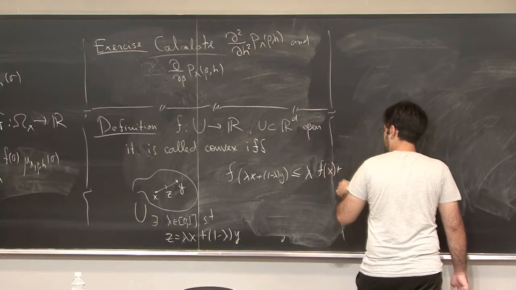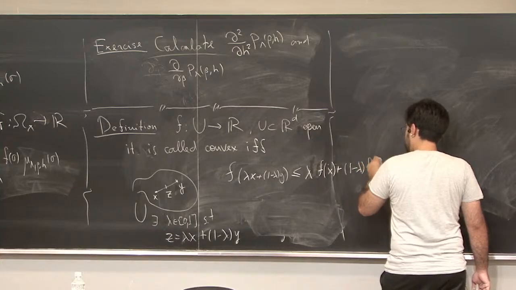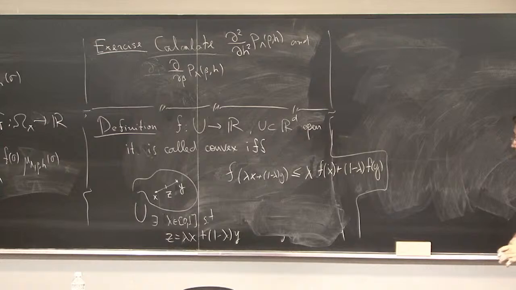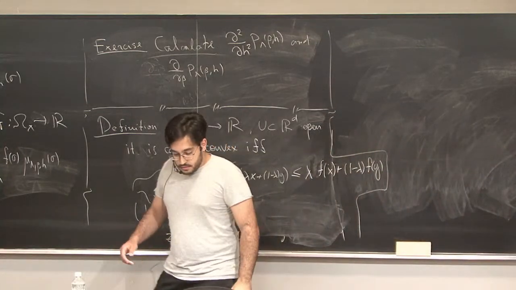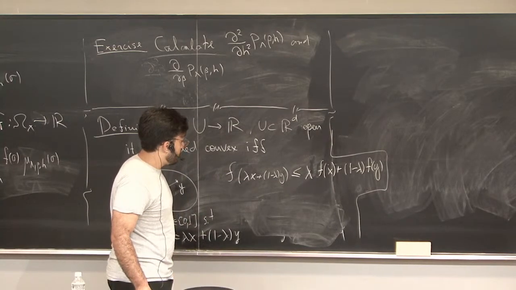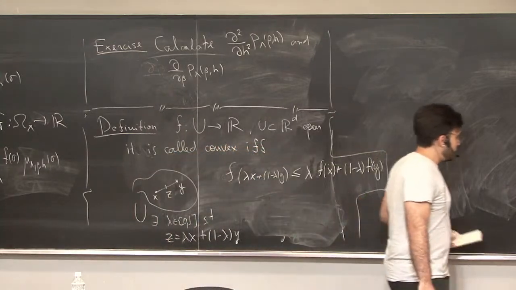f of lambda x plus 1 minus lambda y is at most lambda f x plus 1 minus lambda f y. This is a very important property that a function can satisfy.